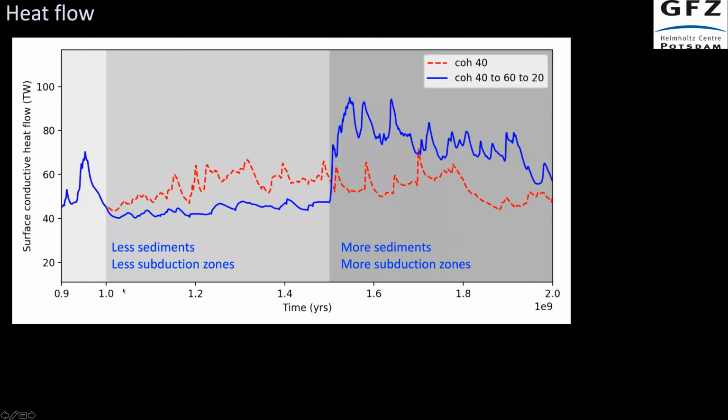So what does this mean in terms of heat flow? So here I'm plotting surface conductive heat flow with time. And obviously, if we have a higher yield strength and fewer subduction zones, we have substantially lower surface conductive heat flow, and vice versa for the model with a lower yield strength.